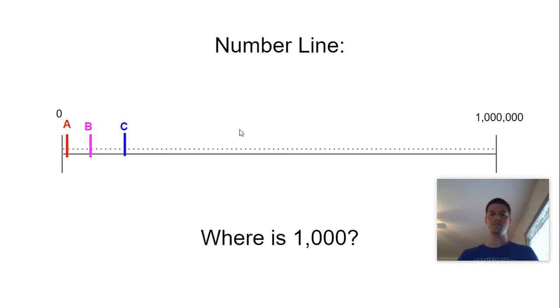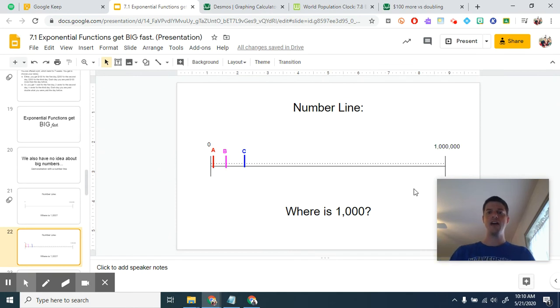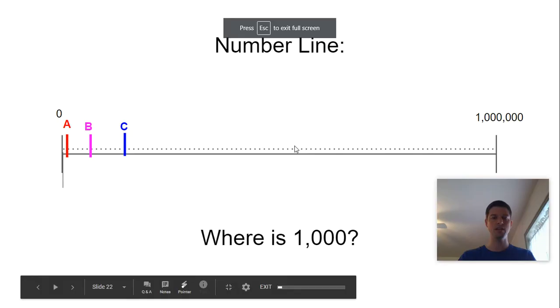All right, so now that you made your guess, I want to show you guys. Actually, 1,000 is right here. I have to draw a line. I wish there was a way to zoom in.